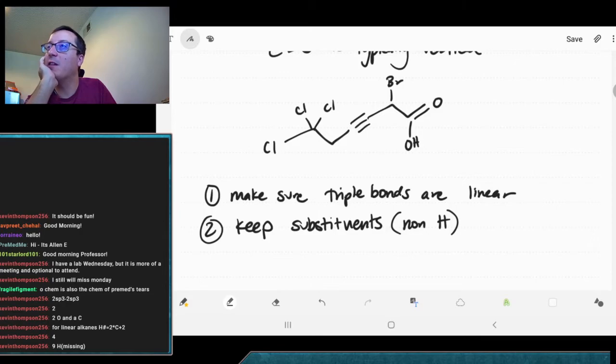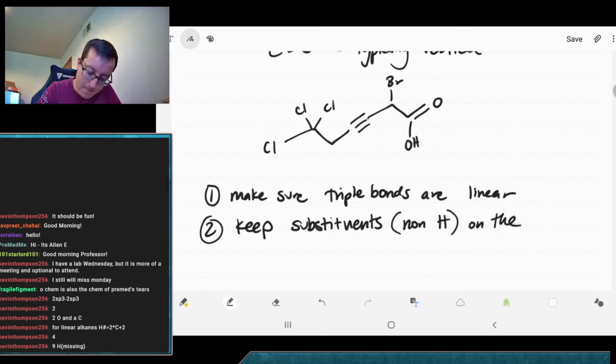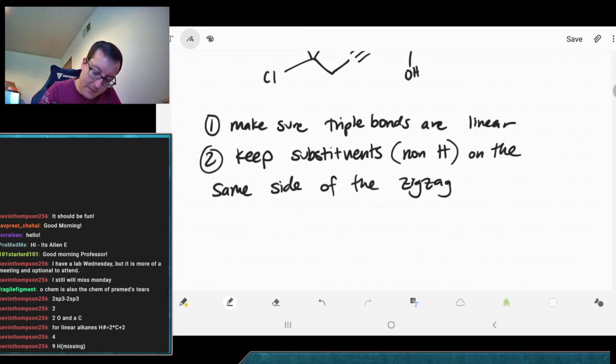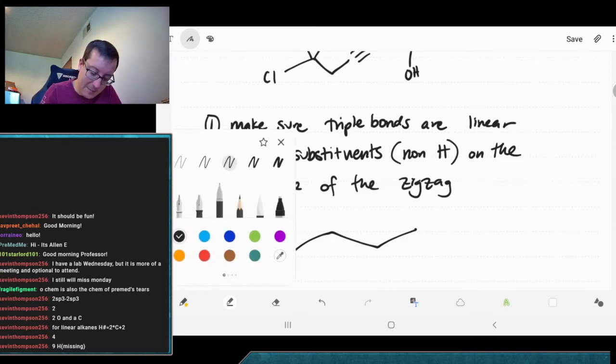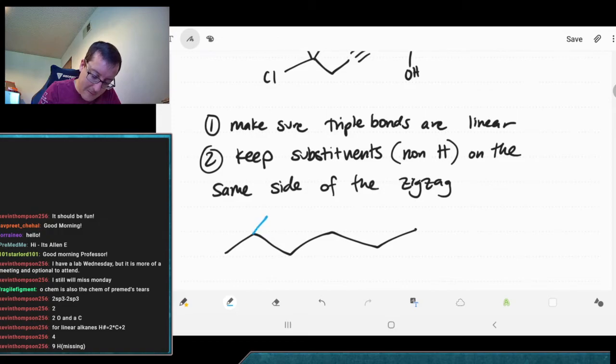So we want to keep them kind of on the same side of the zigzag, right? And just so we see that, if we were to just have some random zigzag, that means we want to keep our substituents on the same side. All right, so whatever we have that we need to throw in there, we'll keep those on the same side of the zigzag that your carbon is on.